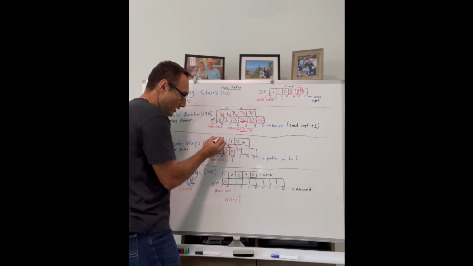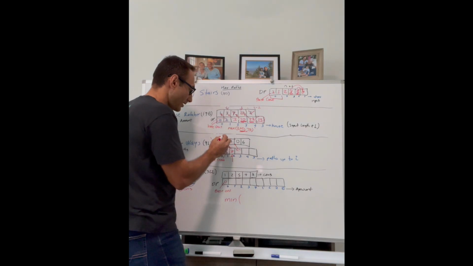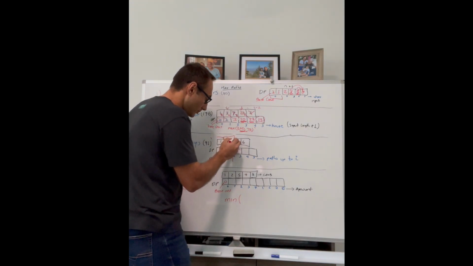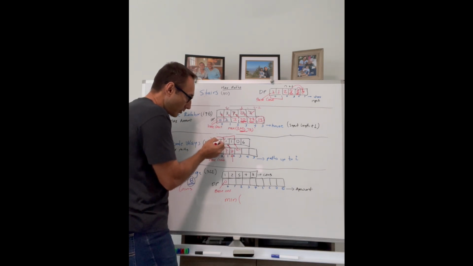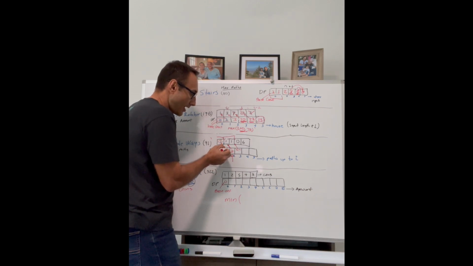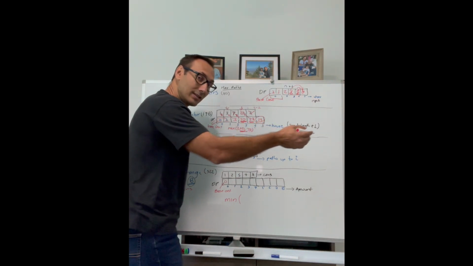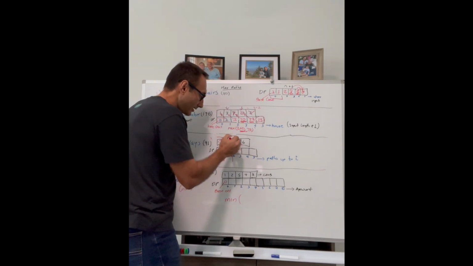So if I'm here and the next decision that I make is taking these two, it means that whatever number of options I have up to this point, which is 1, I can continue with this approach because it's still valid.